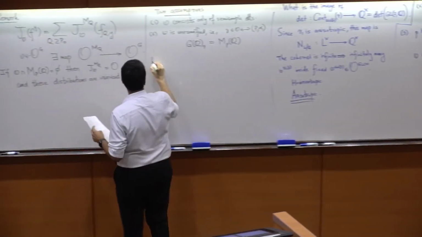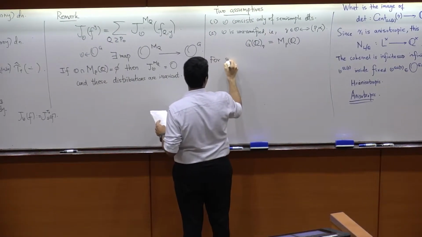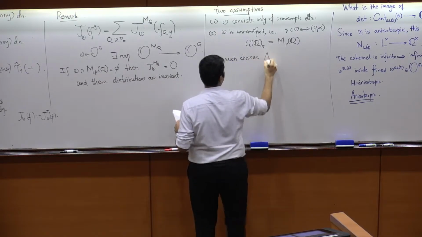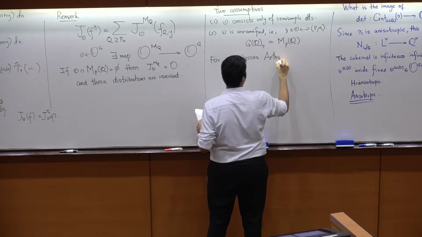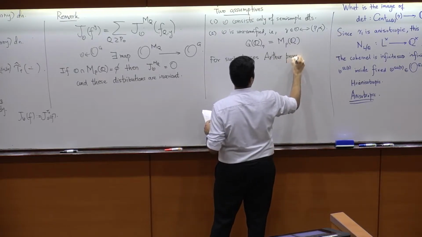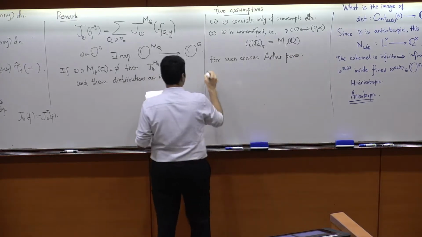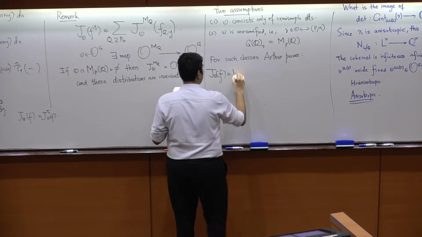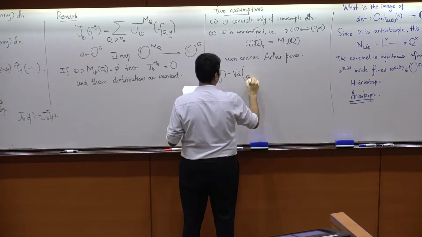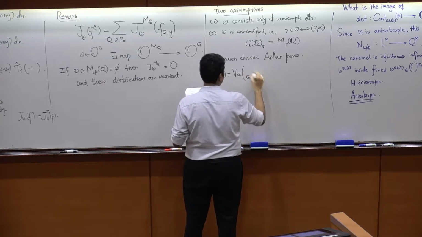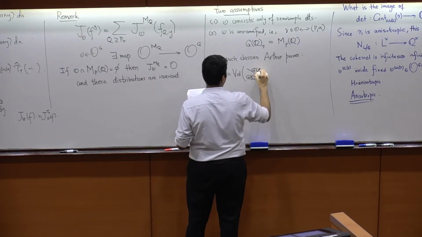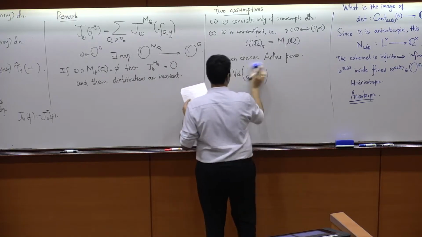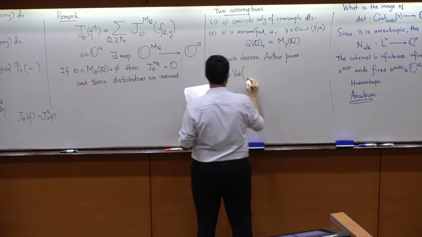And for such classes, Arthur proves the following formula. The JOF is the volume, there is a volume term, sorry, in SL2 it is correct.